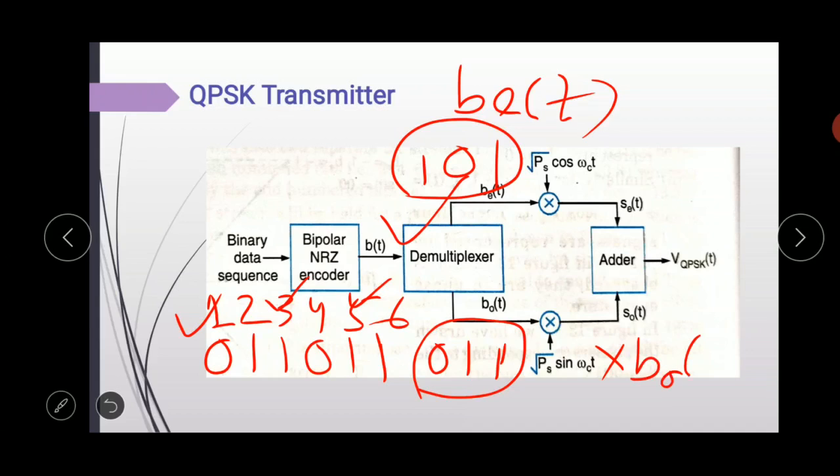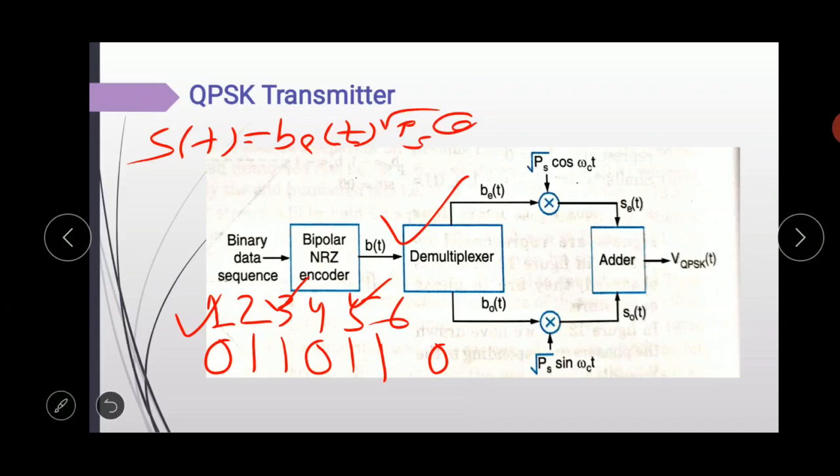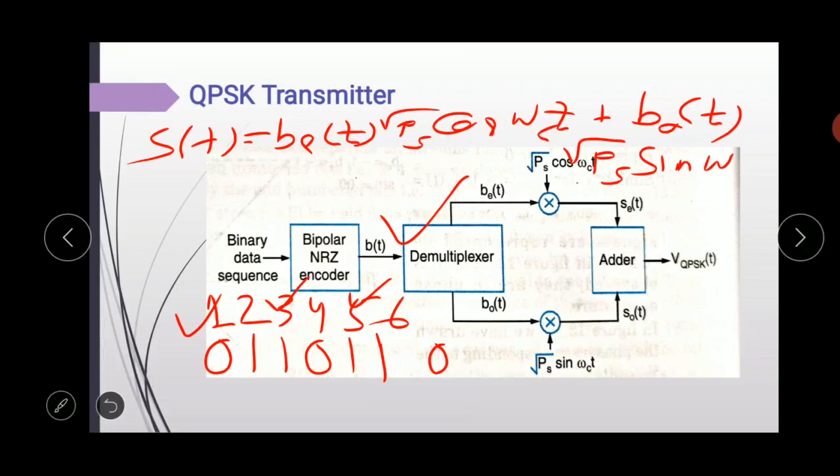Finally we add both signals, and at the output we get S of t equal to B E of t root PS cos omega ct plus B O of t root PS sin omega ct.